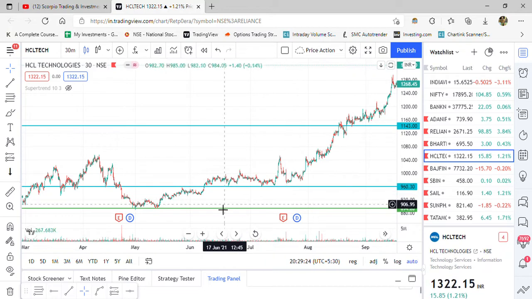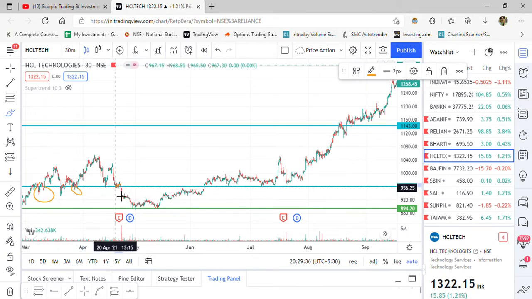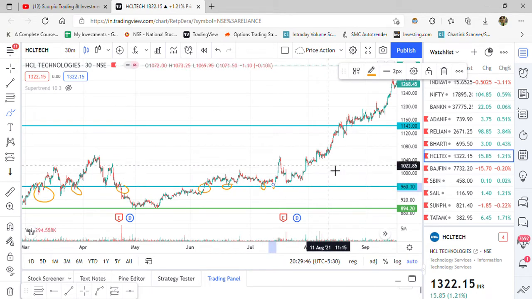What is happening is this blue line, if you see, was a support initially, it broke down, became a resistance, again a breakout was given, it acted as a support, and then finally went up strongly.